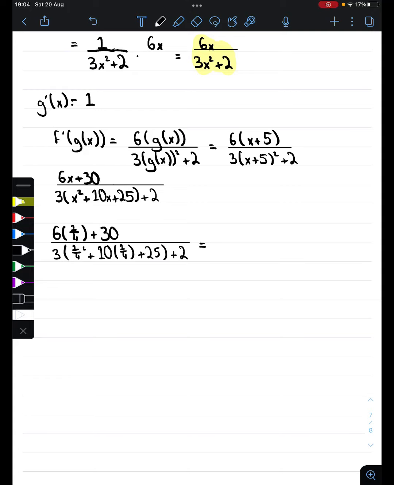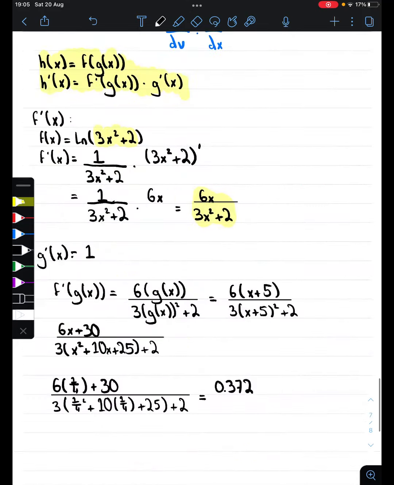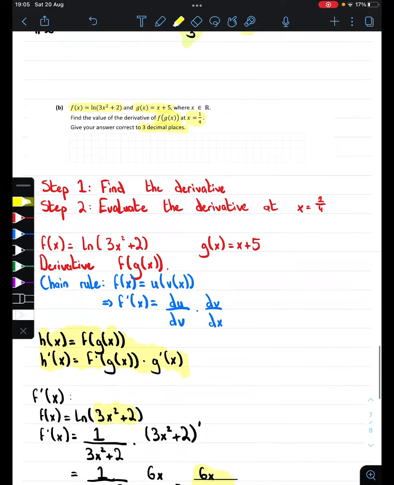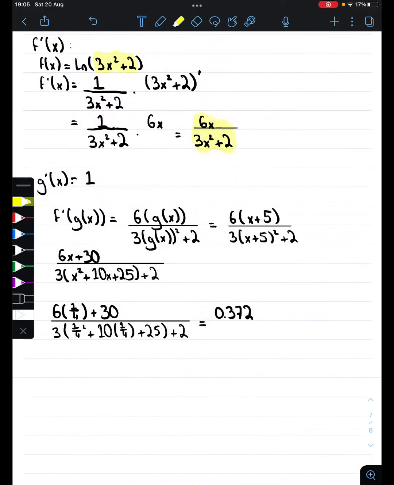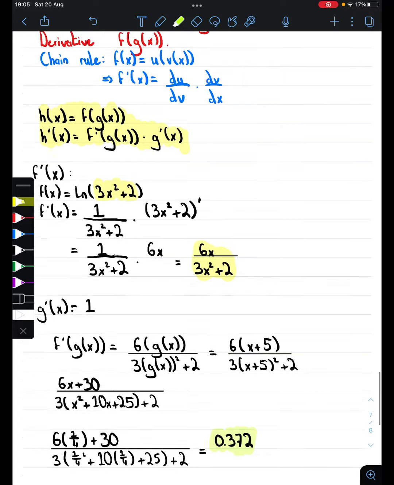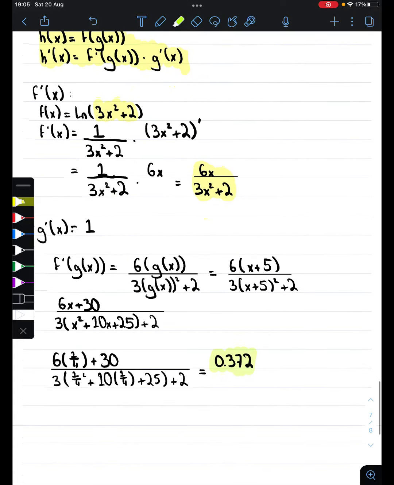And this equals 0.372 to 3 decimal places, which is what they asked for. So the derivative of f of g of x evaluated at x equals a quarter is 0.372. It's a bit of a long-winded one, but none of these individual steps are that difficult. It just looks kind of ugly.